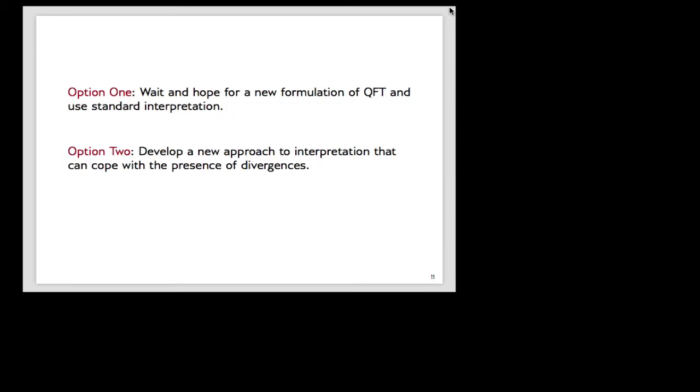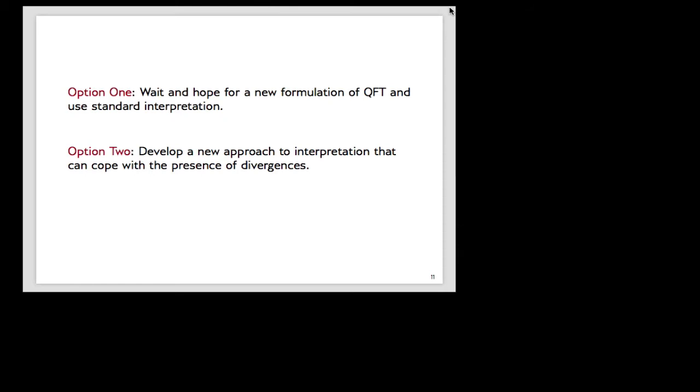So suppose what we want to do is provide an interpretation of the empirically adequate models of the theory, the models that we think actually are giving us information about the actual world. Then we have what I think are basically 2 options.